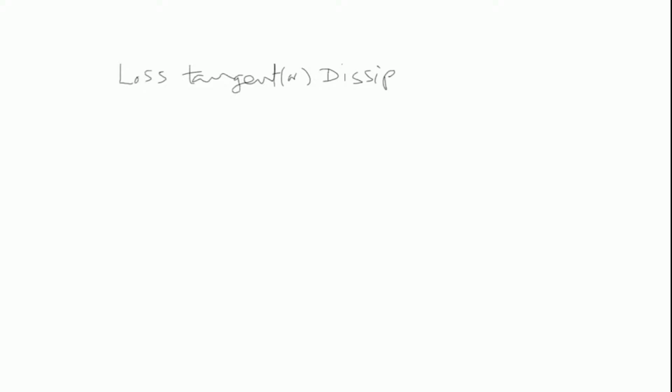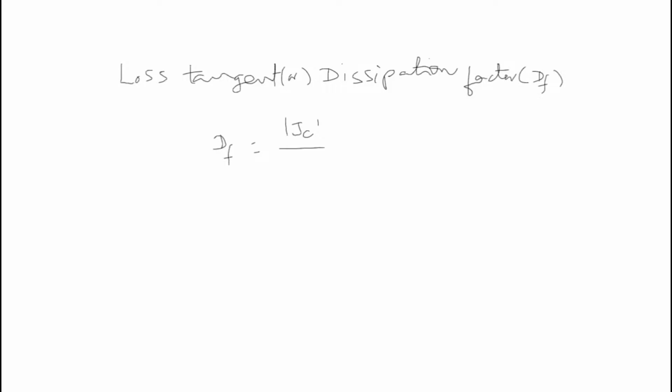This factor is used to decide whether the given material is a good conductor or a good dielectric. It is represented by dF. This dF is basically defined as the ratio of the magnitudes of the conduction current density to the displacement current density.